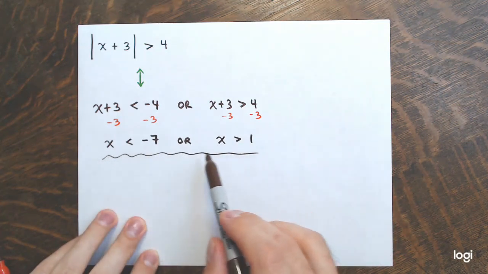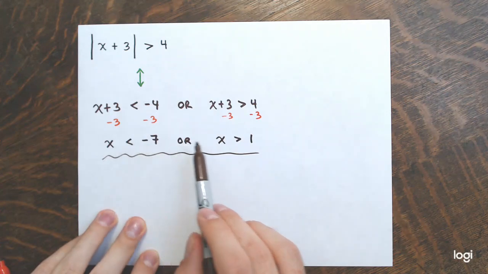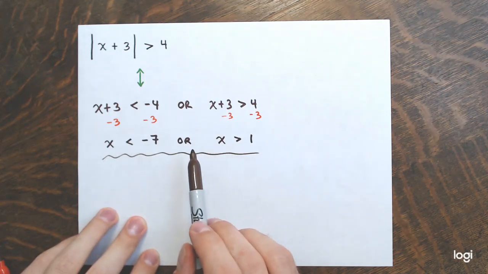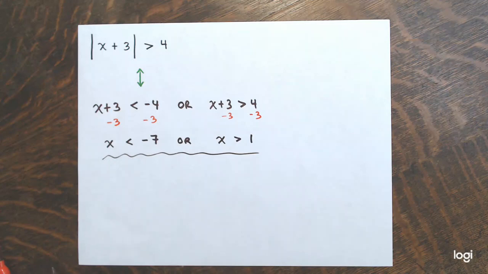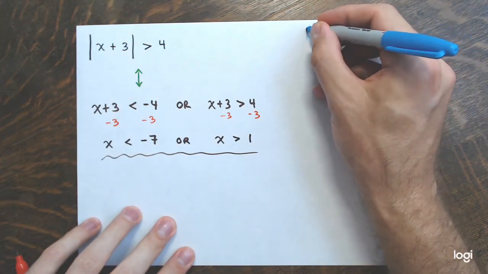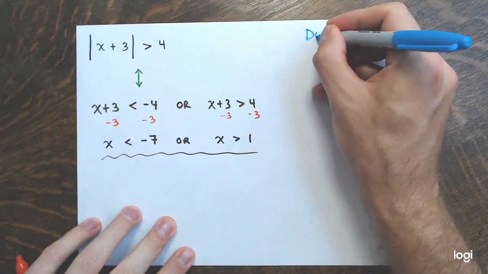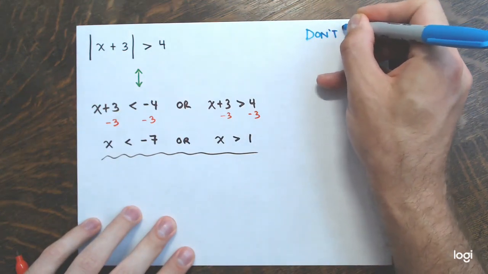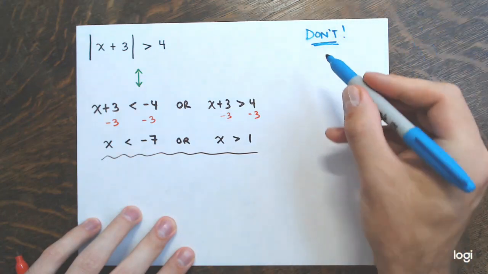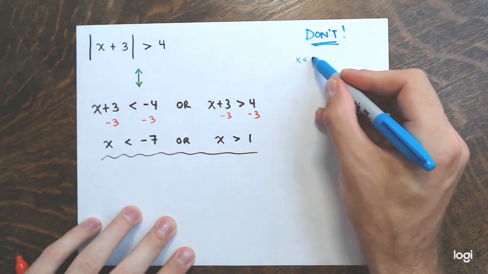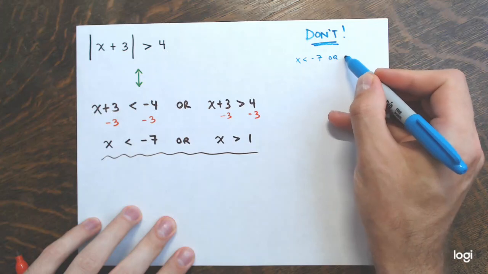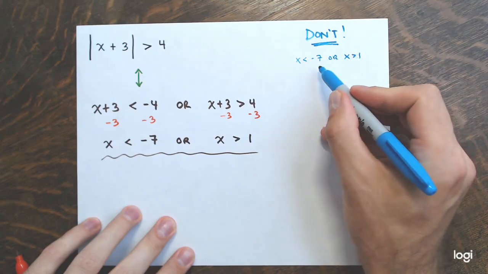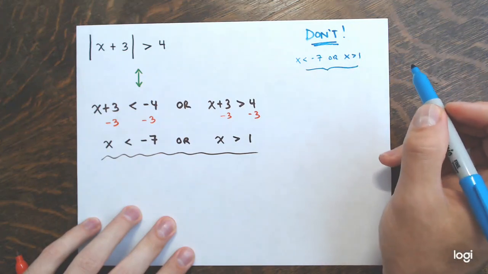And now both inequalities are solved for. Again, keep it with the word or. Do not connect these in any way. I'll write that off to the side here. Do not do this: where you see x is less than negative 7, or x is greater than 1, people tend to want to put these together.